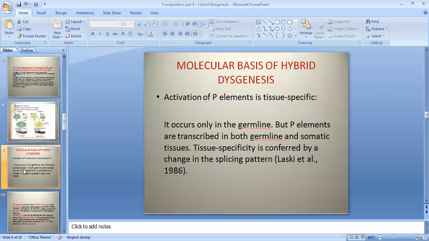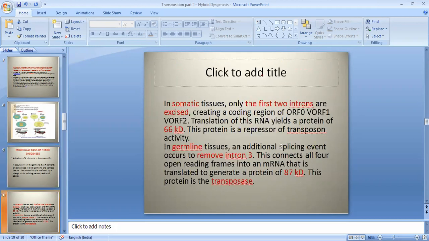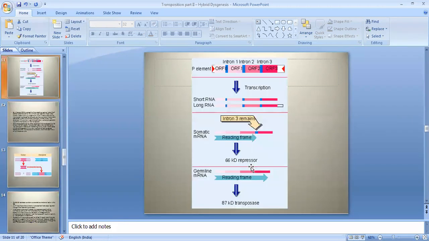Let's again go to the molecular basis of hybrid dysgenesis. I've already explained the tissue specific expression of the element, and the somatic tissues as well.